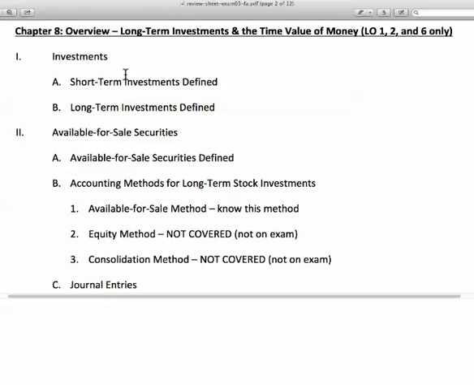The exam starts at 8 a.m. Sunday. Also notice, sometimes in the outline here, on available for sale securities, we are not covering the equity method or the consolidation method. I included some of that here just to clarify because it was in the chapter and kind of wound in there, and I just wanted to make sure you knew.